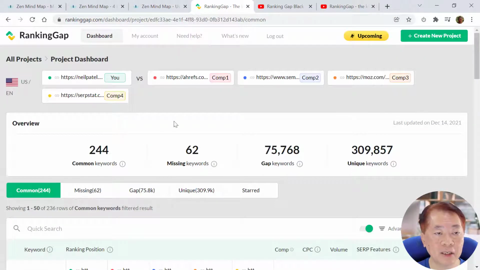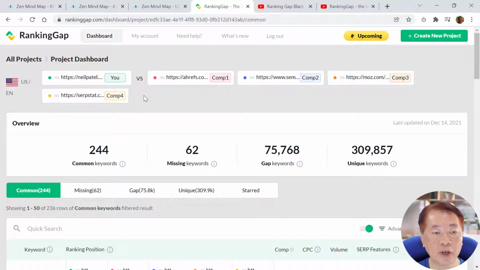Very simple. Earlier we keyed in this blog by Neil Patel as well as ahrefs.com, and this one is the SEMrush blog, this is the moz.com blog, and this is the substack.com blog.